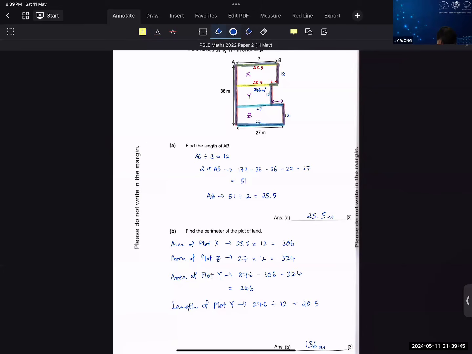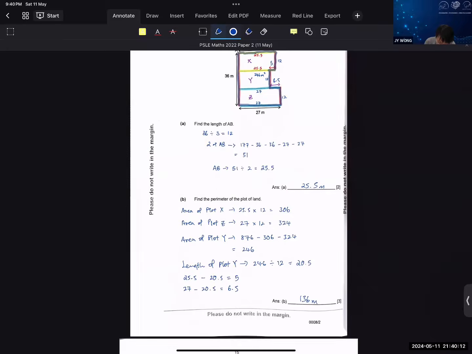Okay, from there, you will find 25.5 minus 20.5 will give me 5. So you know that this length here is 5. You take 27 minus 20.5, you will get 6.5. You will find that this length here is 6.5.